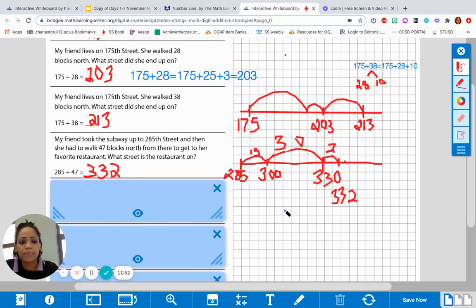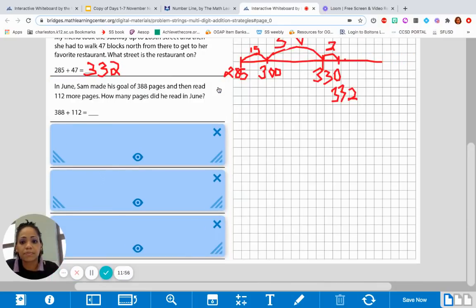Couple more to go. Let's see what the next one says. In June, Sam made his goal of 388 pages and then read 112 more pages. How many pages did he read in June? So now we're switching the context of our problem. Now I'm talking about my nephew Sam, and there's a goal of reading 388 pages per month.